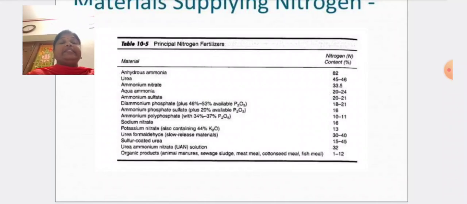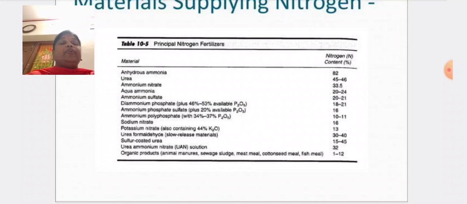Sodium nitrate, 16 percent nitrogen. Potassium nitrate contains 13 percent nitrogen. Urea formaldehyde contains 13 percent nitrogen. Then sulfur coated urea, another kind of nitrogen-containing fertilizer, contains 15 to 45 percent nitrogen. Then urea ammonium nitrate, UAN solution, contains 32 percent nitrogen.